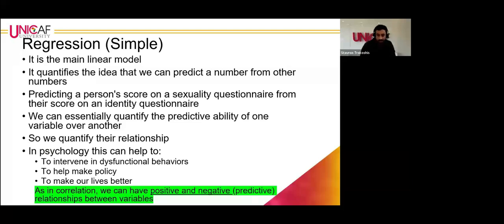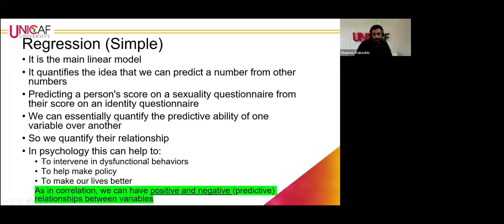We can use this in psychology, but also in other fields to intervene in dysfunctional behaviors. For example, if I know that I can predict a person's sexuality from an identity questionnaire, I can, let's say, prepare an intervention of some sort. I can help make policies and generally make our life better.